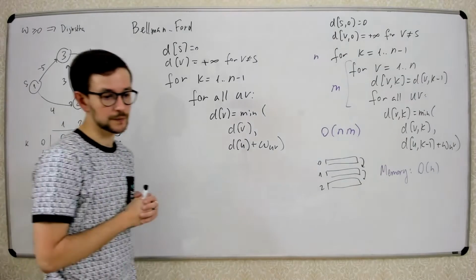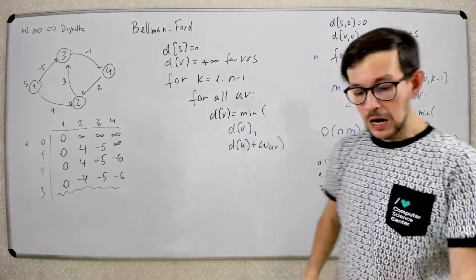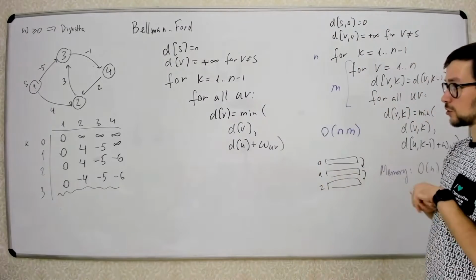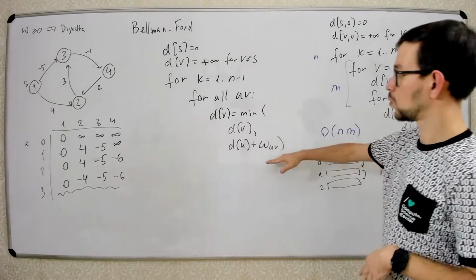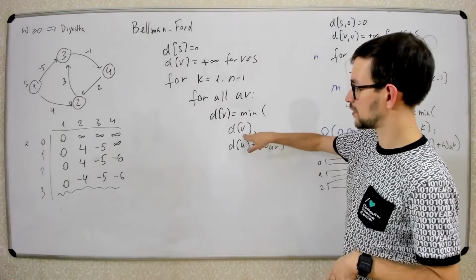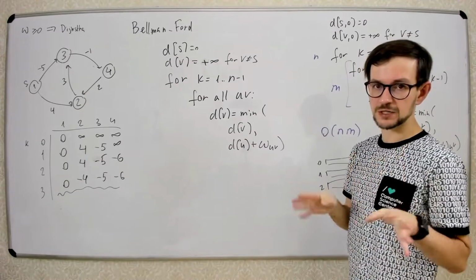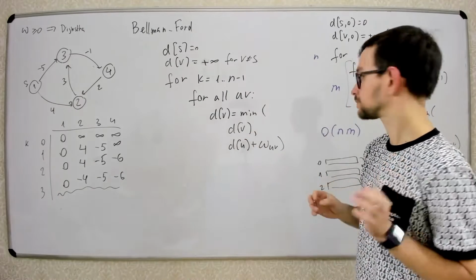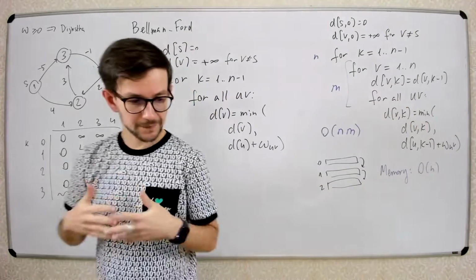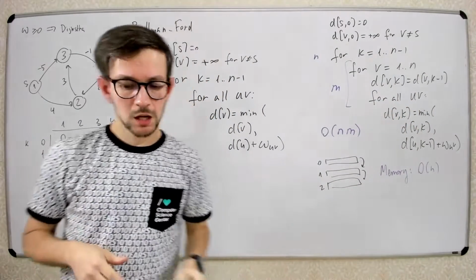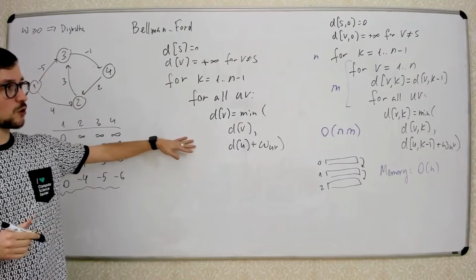That's all, that's the whole algorithm. I claim that this algorithm is also correct. So this algorithm will give you, in the end, the value of dv, which will be the distance from S to V. Let's prove this. Why is this algorithm also correct?